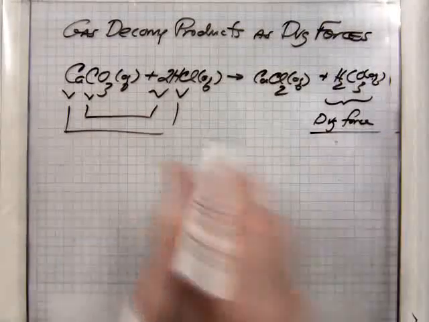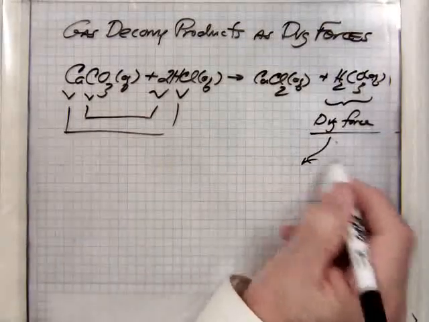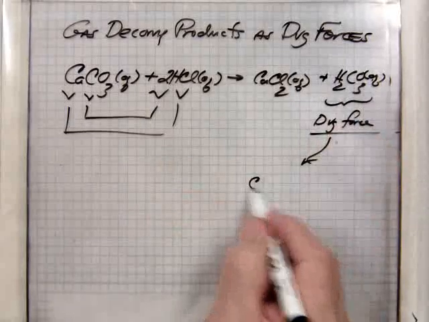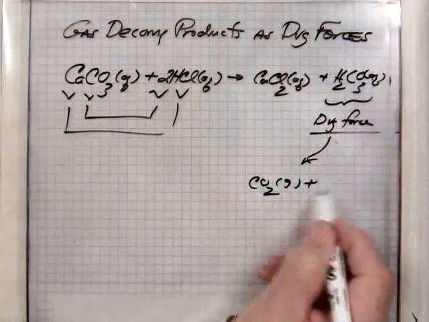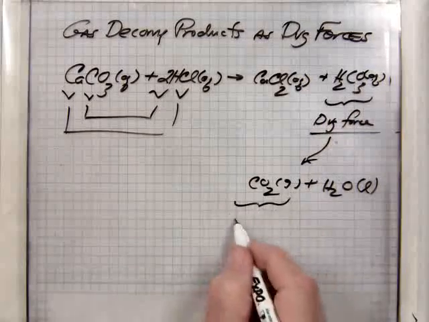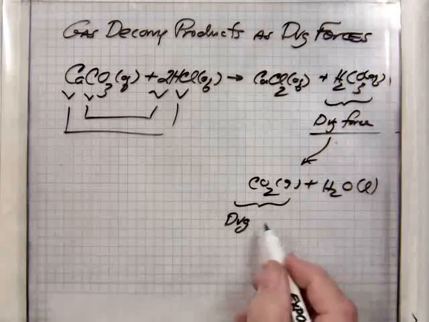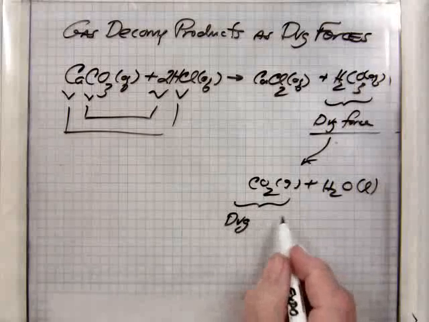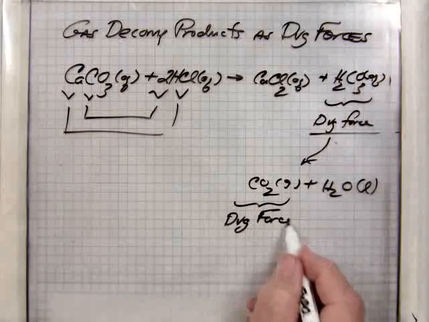But it's one of those compounds that you have to break down into CO2 gas and H2O as a liquid, and it's the H2O that's actually the final defined driving force in this process.